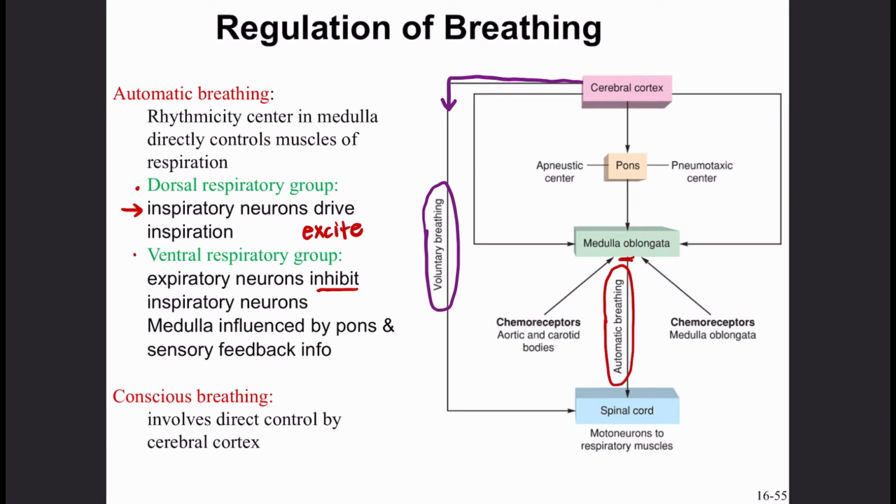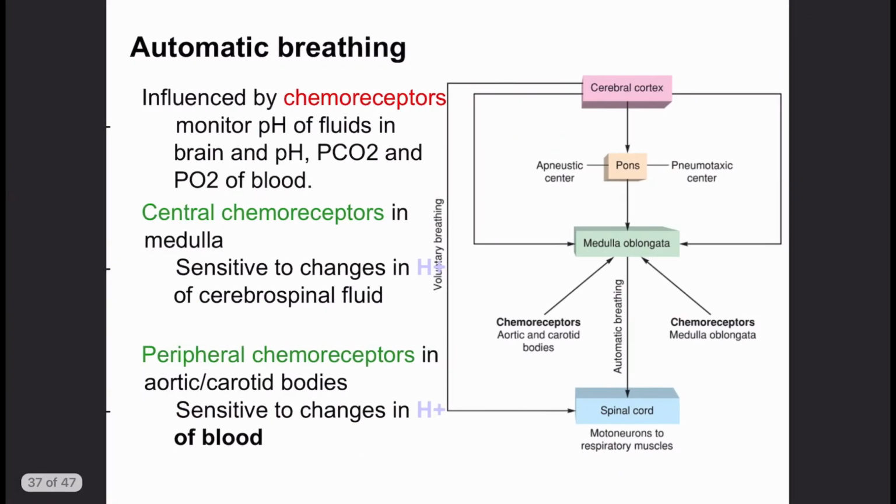Notice in this table, the medulla is also getting information from the pons, as well as information from some blood vessels. So what controls our automatic breathing, our medulla oblongata, is influenced by chemoreceptors.